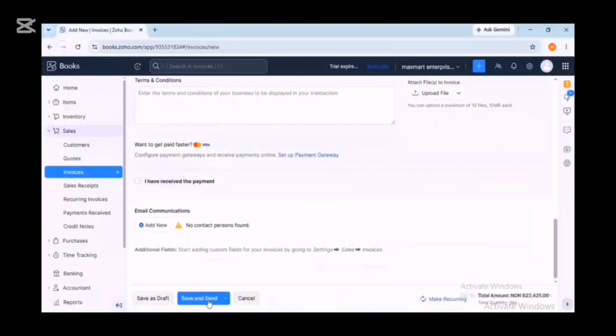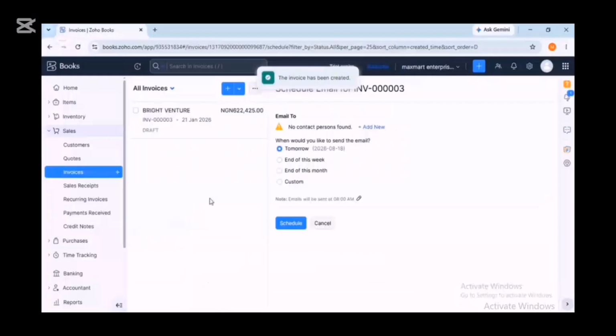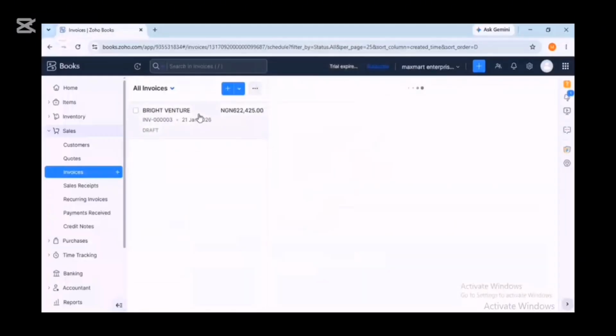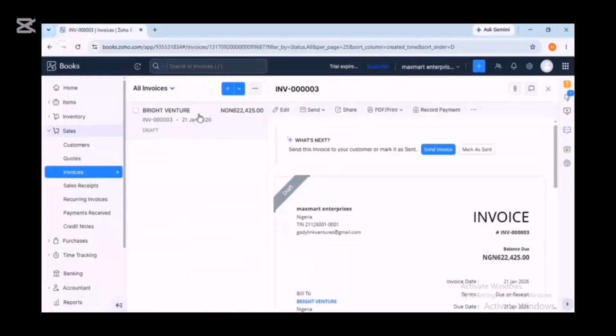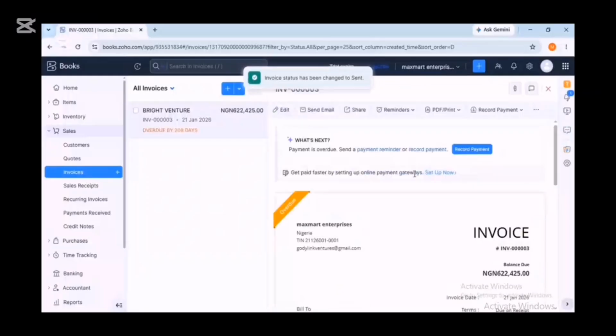So that's that. Let's save. The one important thing is we have to mark as sent, because an invoice, if it's not sent, will not be recognized in the account. So we mark as sent, meaning the customer is aware.